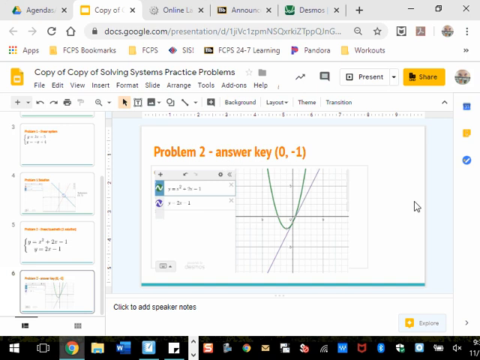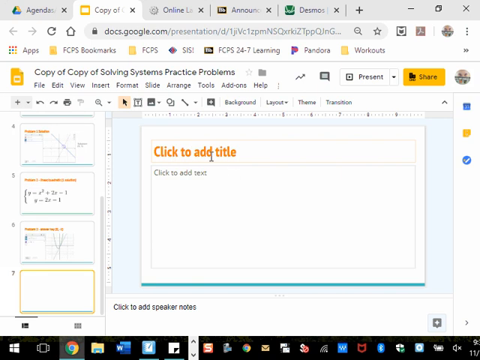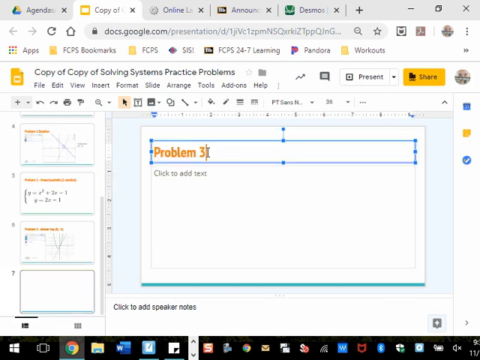For your homework, in addition to doing the problems that are on the document posted on Blackboard, just like you would normally do, I want you guys to do 2 more sets. You need to do a linear quadratic with 2 solutions and a linear quadratic with no solutions. So if you want to set those up right now, problem 3, linear quadratic, 2 solutions, and then you can do that one later.